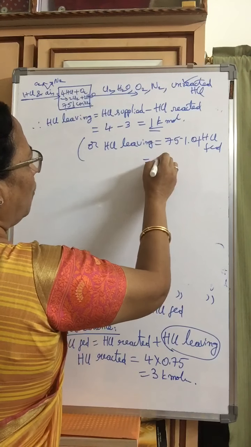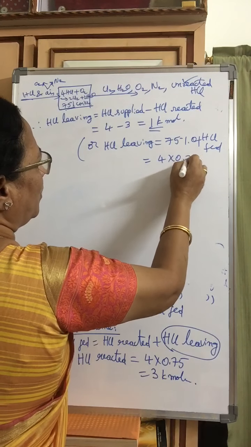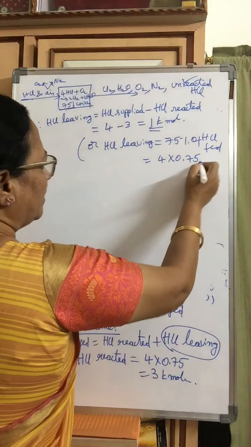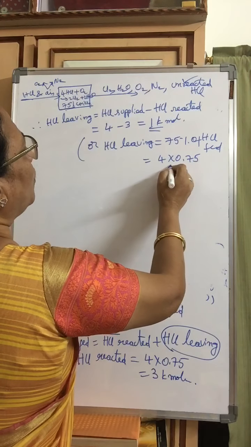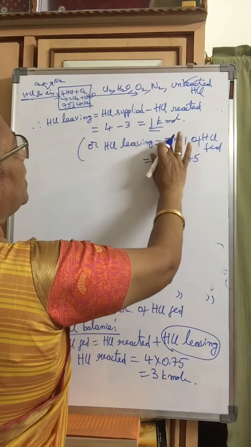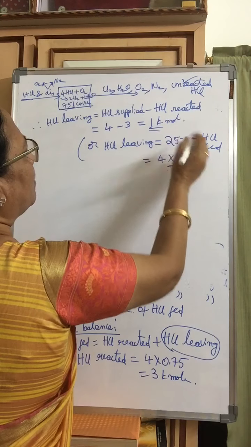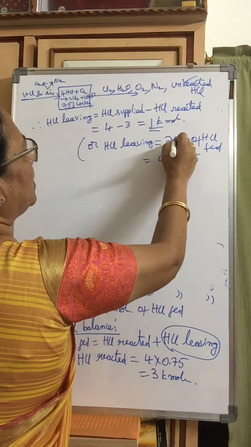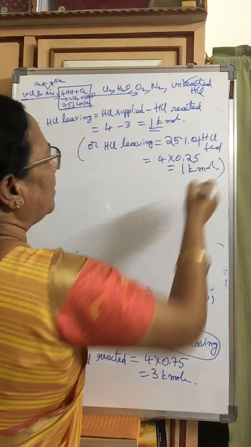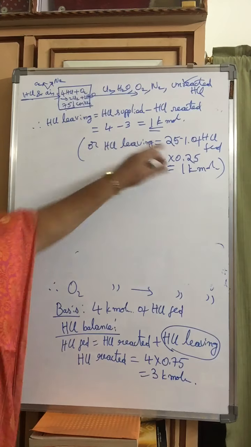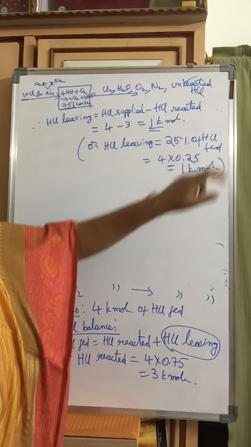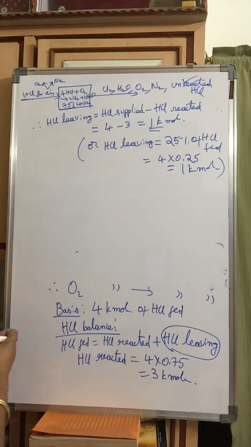That means 4 moles are fed, 4 into 0.25, this is 1 mole. HCl leaving is 25% of HCl fed. So this is 1 kilomole. Anyway, you can write 75% is reacted, so leaving is 25% of HCl fed. Next.